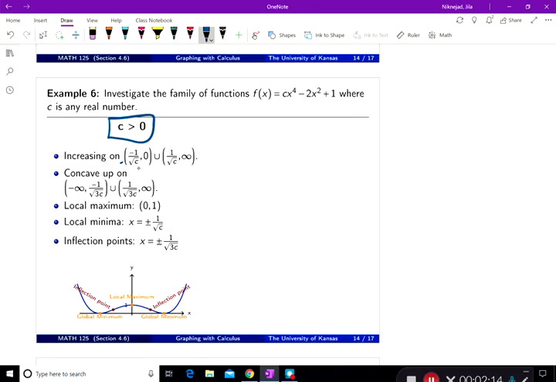If you put those all on a number line, you get negative 1 over square root of c, 0, 1 over square root of c, and the signs are going to be negative, then positive, then negative and positive, so you get increasing like that.